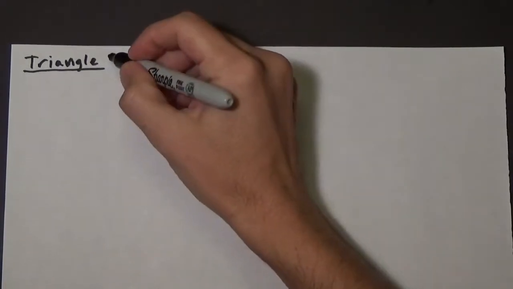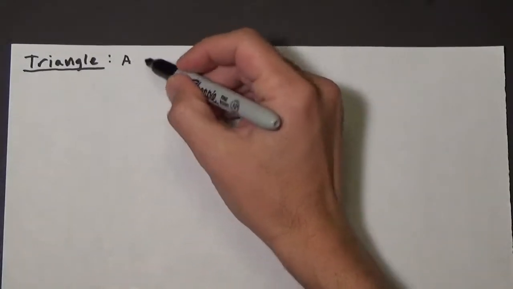So we're going to continue our review of geometry by looking at triangles. A triangle is simply a polygon with three sides.